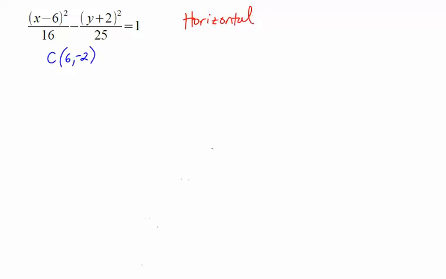When we go to determine how far left and right the hyperbola goes from the center point, we take the square root of whatever the denominator is with the x term. In this case, 4. When we go to determine how far vertically it goes from the center point, we take the square root of the denominator from the y term. In this case, that would be 5.